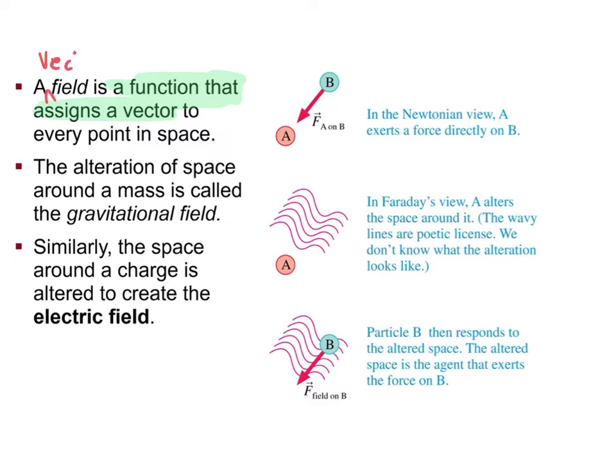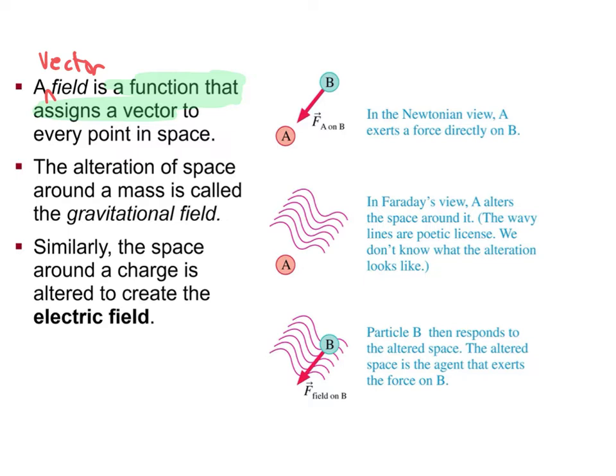A vector field is a function that assigns a vector to every point in space. You can also have scalar fields that assign scalars to every point in space. For instance, the temperature at every point in the room is a scalar field, and the wind velocity at every point in the room is a vector field.